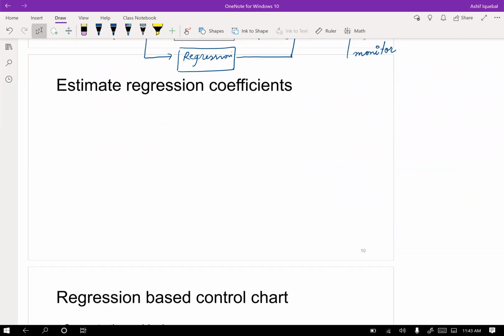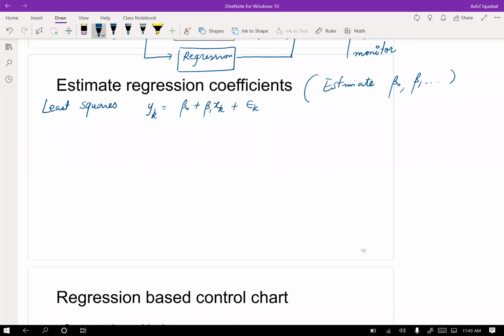Now, the standard approach for estimating the parameters is called least squares. Estimate beta 0, beta 1. Our model was yk equals beta 0 plus beta 1 xk plus epsilon k. This was our model, right? And let's assume that we have some data points available for k equals 1, 2, up to m.